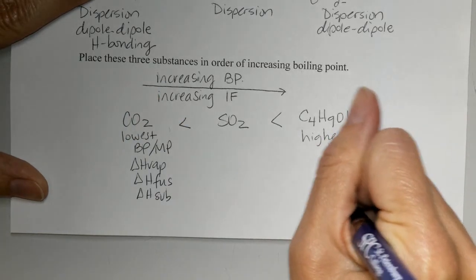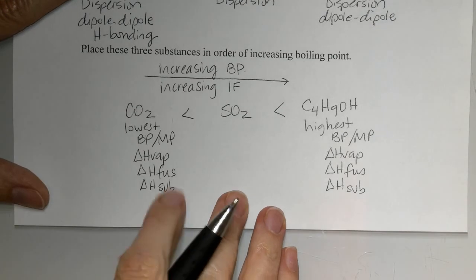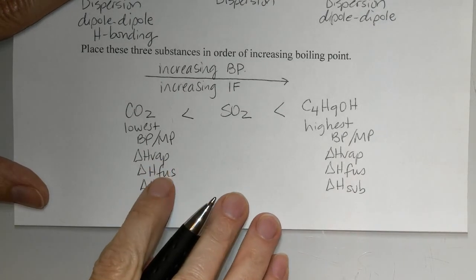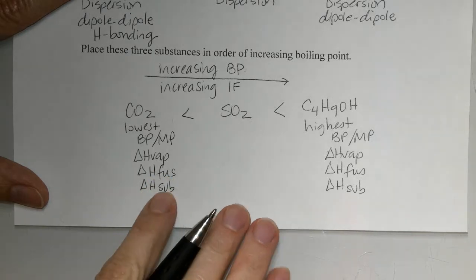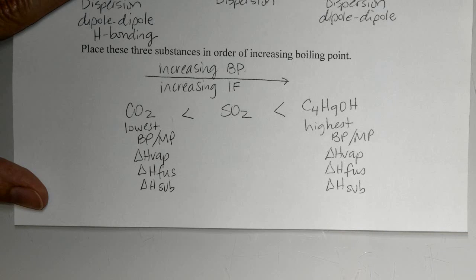All of those phase changes require you to break intermolecular forces, right? Liquid to a gas, solid to a liquid, or solid to a gas. The higher the intermolecular forces, the higher that enthalpy change will be, that energy required.